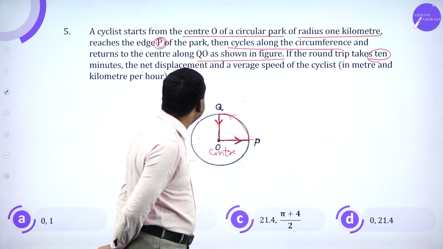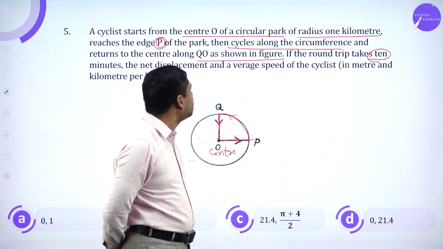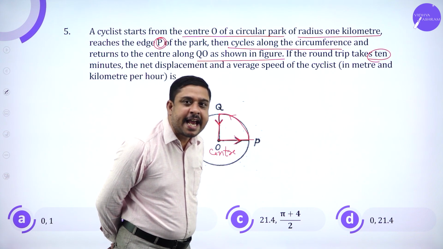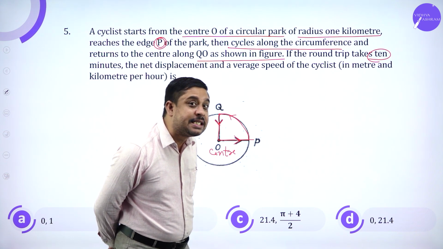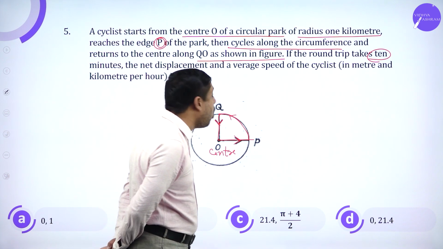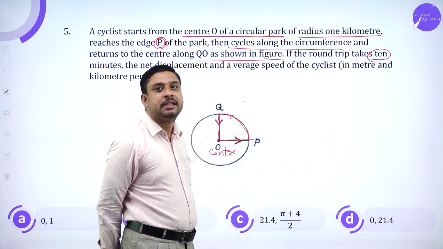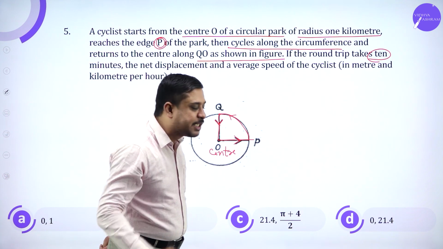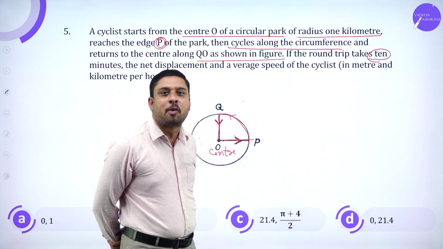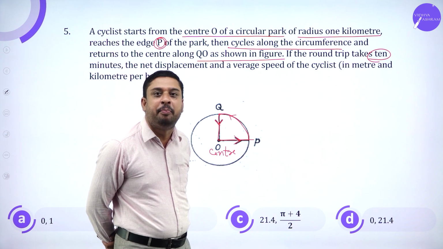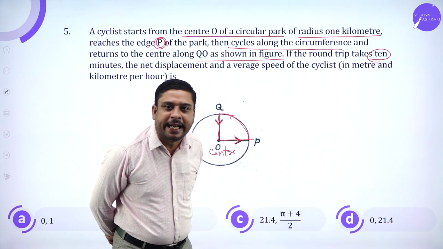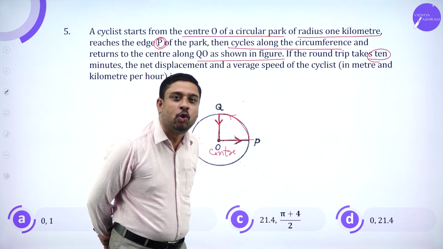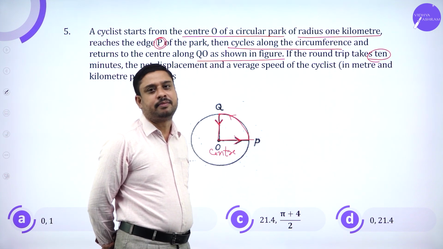What is the net displacement and average speed of the cyclist in meter and kilometer per hour? Net displacement has to be calculated in meter and the average speed in kilometer per hour.